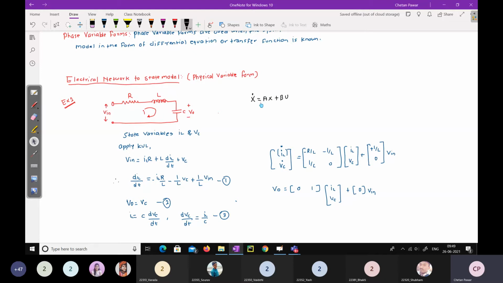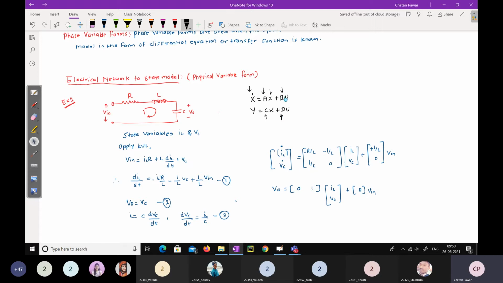X bar is equal to AX plus BU. And what is the output equation? Y is equal to CX plus DU. So we need to find out this A, and similarly B, means we need to find out these parameters.